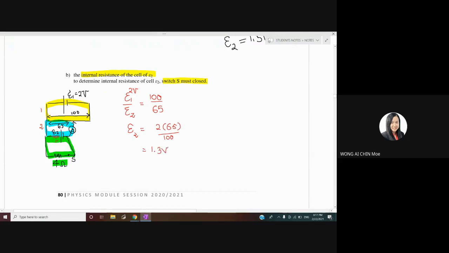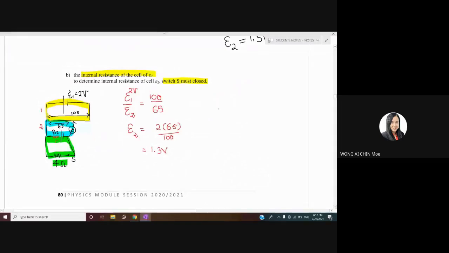Just now you get 1.5, and now it becomes 1.3. Why? 0.2 volt disappears, because 0.2 is actually the internal resistor.